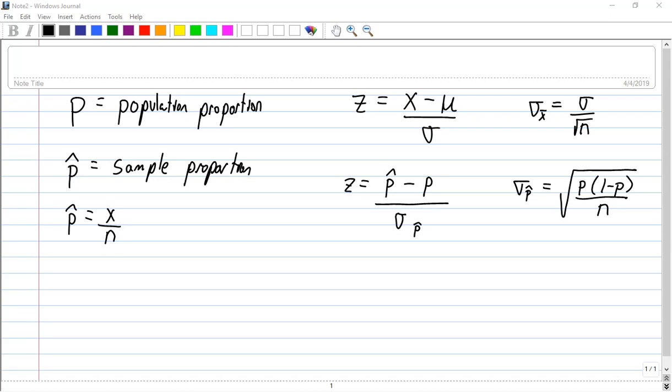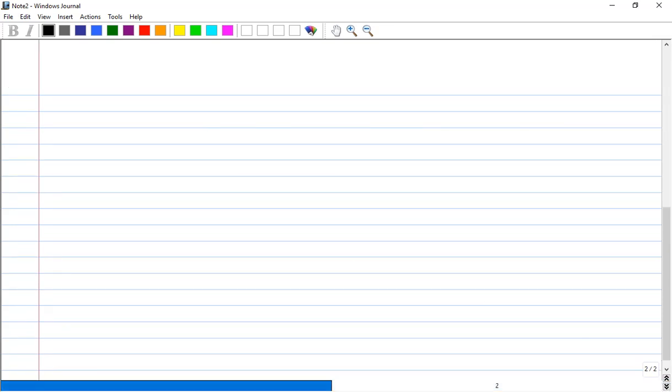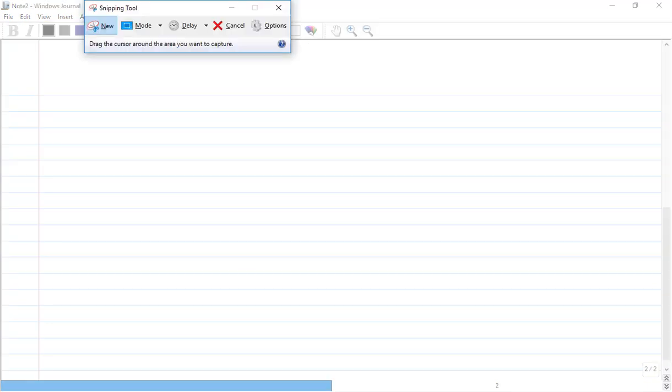All right, so let's look at a sample problem on how we could use this to figure out some type of probability. And this comes from your PowerPoint. So we are in 9.4 on the PowerPoint.